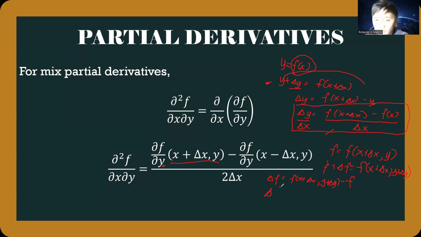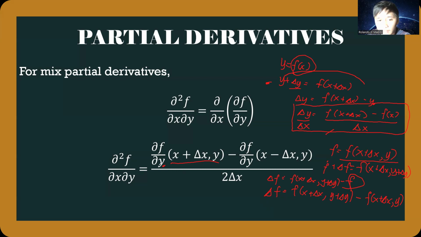And then if we are going to substitute again the value of f here, which is this one, then our function will become x plus delta x, and then y plus delta y, minus the function of x plus delta x and y.